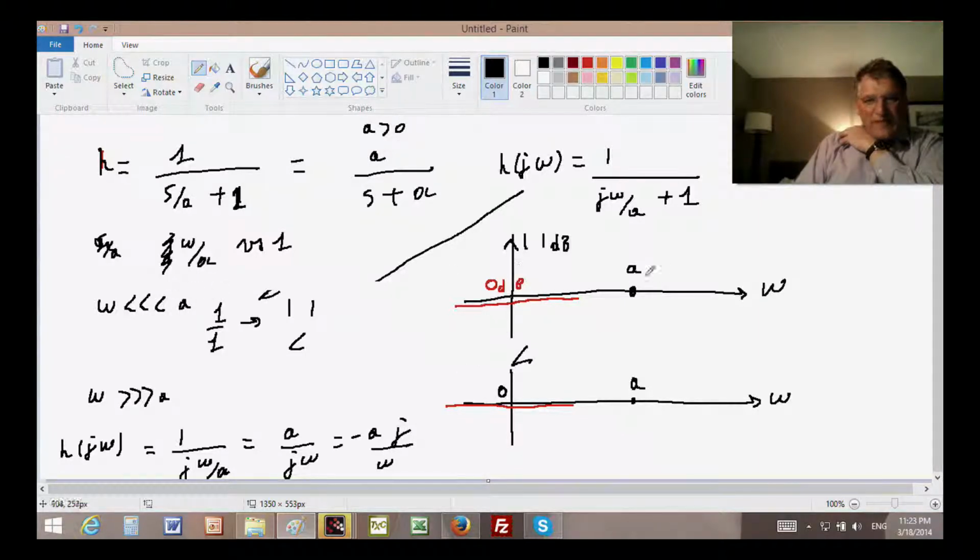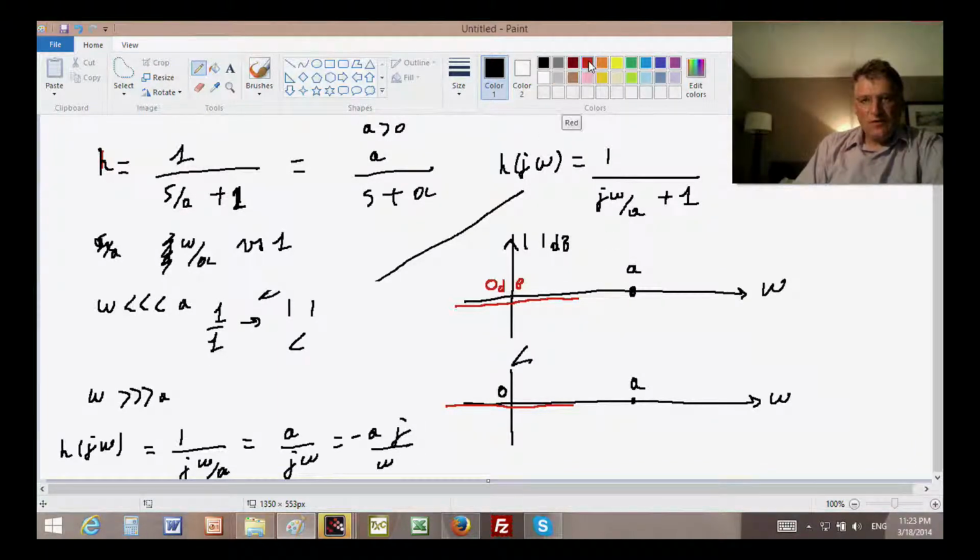Now we know that past A, when omega is greater than A, the magnitude looks like literally A over omega. So what's A over omega? It is a line that goes through A, because when omega is equal to A, the magnitude is 1. So it goes through this point, and since it is 1 over omega, it has a -1 slope.